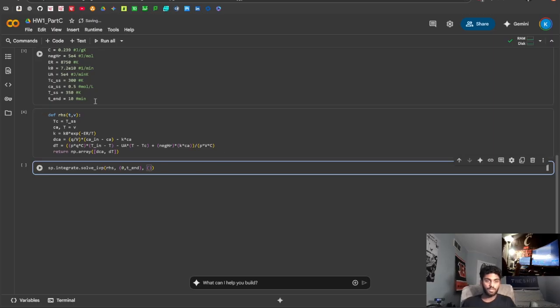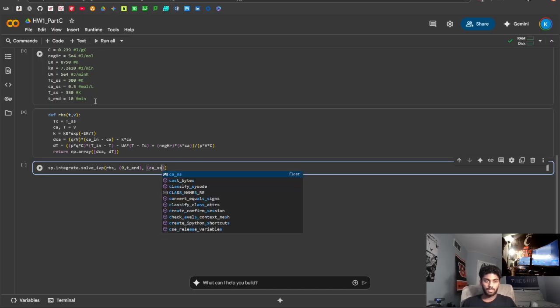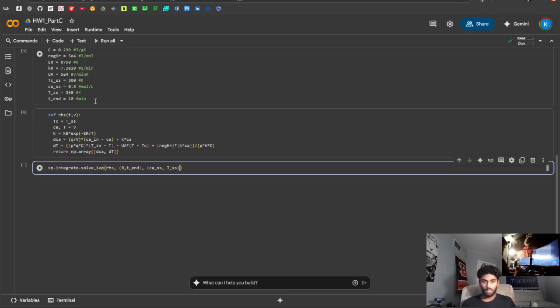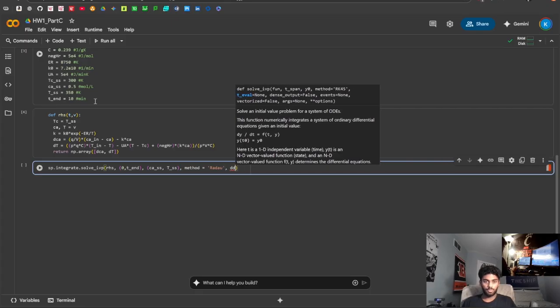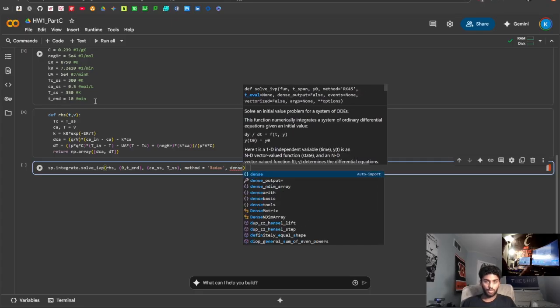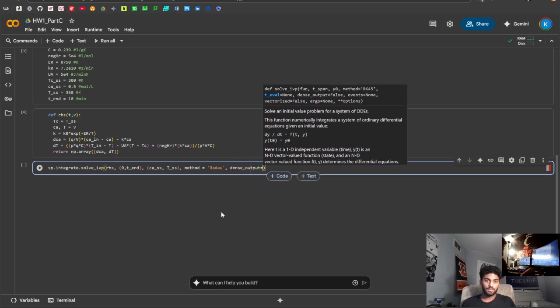So first we'll give it our steady state condition for our concentration of A, CaSS, and then our process temperature, so TSS. We're going to choose our method. So our method for this one is going to be the Radau method. And we're going to select our dense output to be true, so we can plot this out as a function of time.